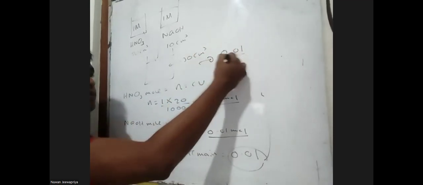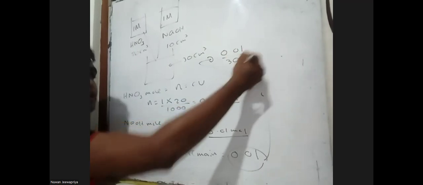So nitric acid is more. Therefore, HNO3 moles remain when they react. How much HNO3 remains? 0.01 mole, because this minus this, right? The 0.01 mole is remaining in which volume? 0.01 mole is remaining in 30 cm cube.